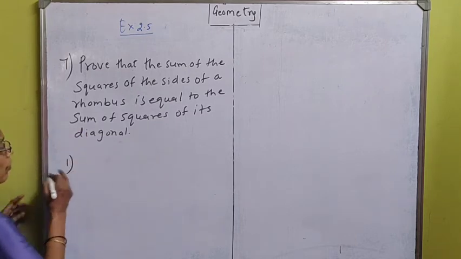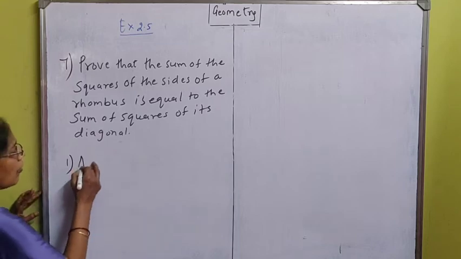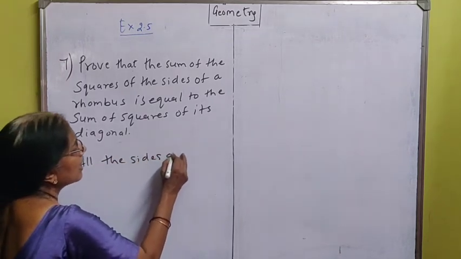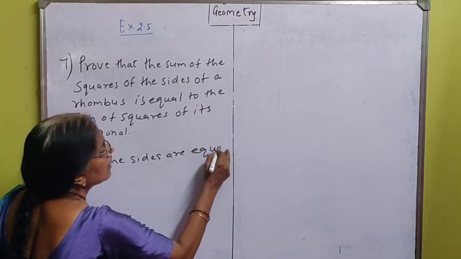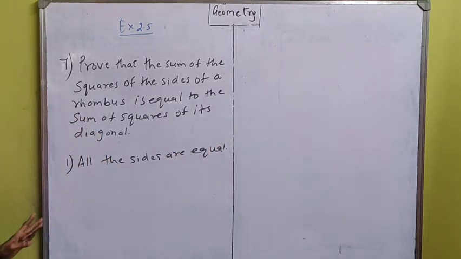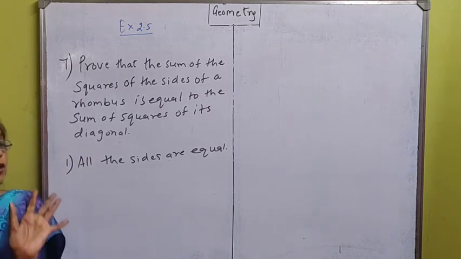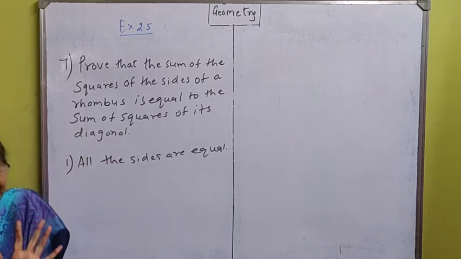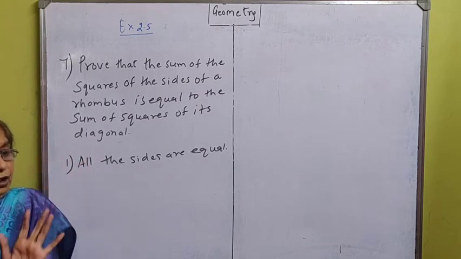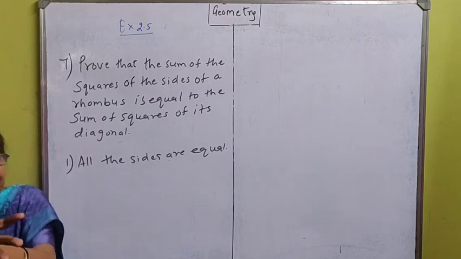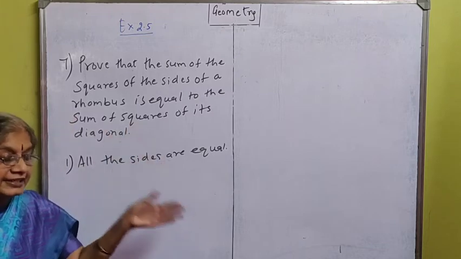So see, I am writing, what is the first property of rhombus? All the sides are equal. So all the 4 sides are equal. If ABCD is a rhombus, then AB is equal to BC, means BC you can take it as AB. BC is equal to CD, means CD also you can take it as AB.